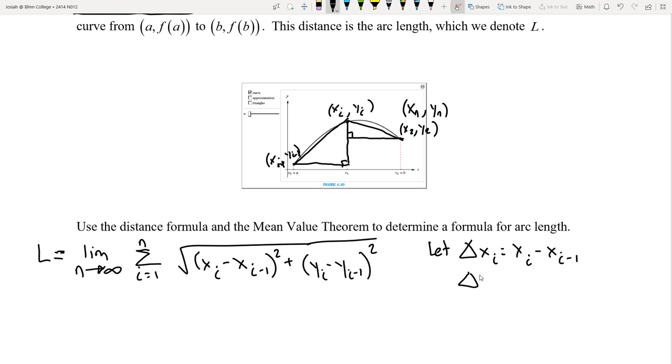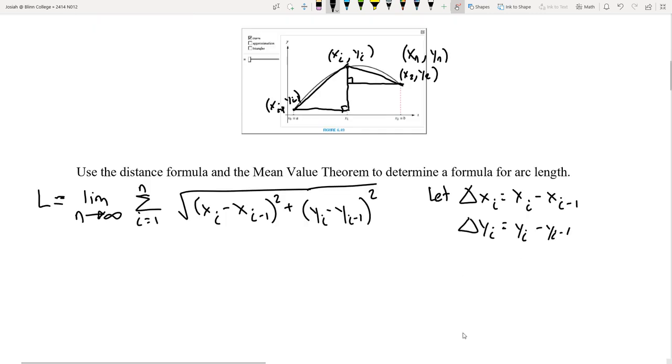And then we'll have delta y sub I would be the distance between the y's. So one thing that we know is that we don't have to use delta x sub I. It's not going to be different for each triangle. Because we have a regular partition, these horizontal bits of our triangles will always be equal to each other.